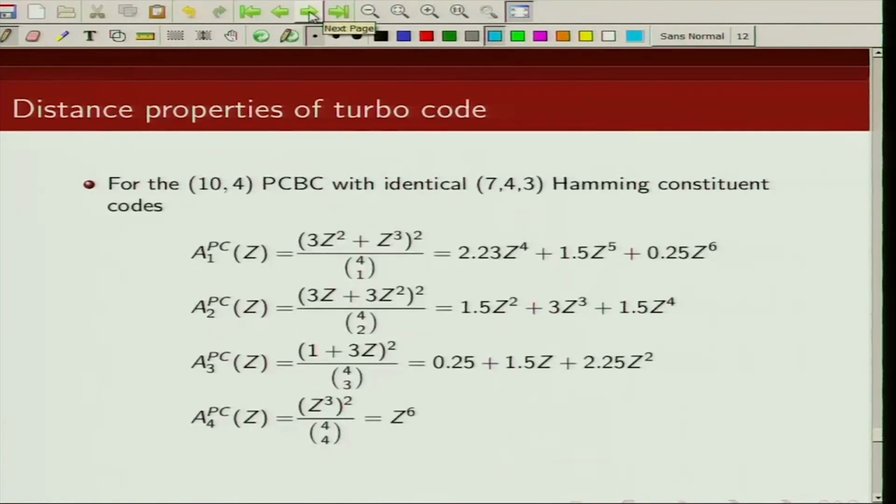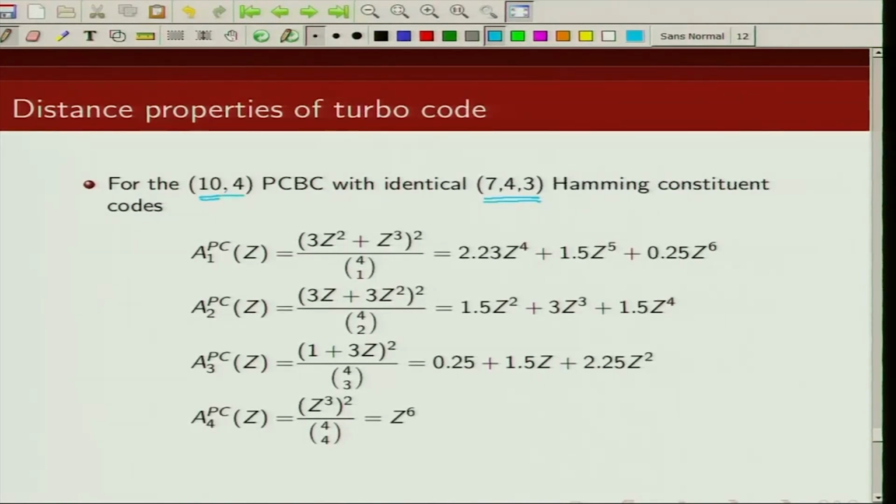Now let us take an example to illustrate this. We had this parallel concatenated code using the 7-4 Hamming code. So input is of length 4, and we get 3 parity bits from the first encoder, 3 parity bits from the second encoder, and of course there are 4 systematic bits, so the overall code word length is 10.